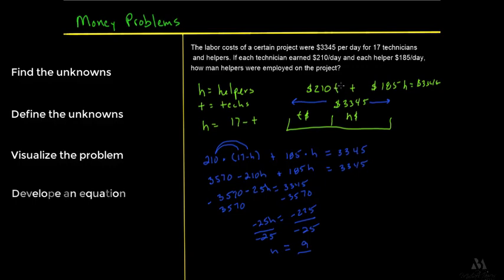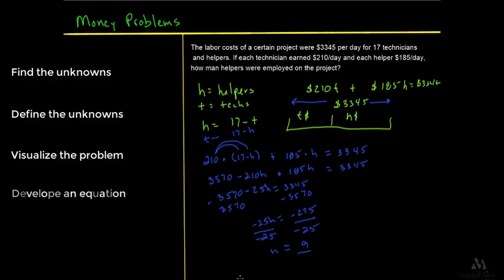Now I had two variables up here and I didn't want to use the T, so I just moved around the equation I had here. So for T, I just said it equals 17 minus H. That way I was able to keep one variable, and it's much easier to solve for just one variable.